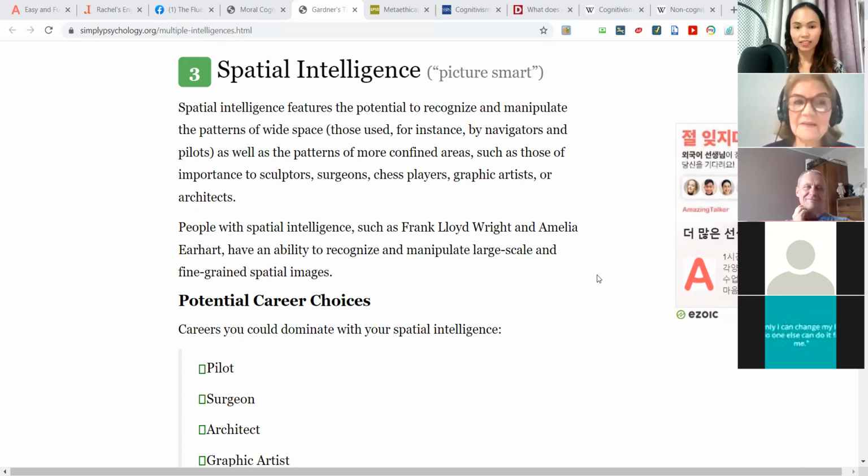Yes, I think that also painters need spatial intelligence because if they're going to do an artwork, a painting, they have to calculate where to place, where to paint all the objects of the artwork. So they need to be spatially intelligent. The painters and sculptors.